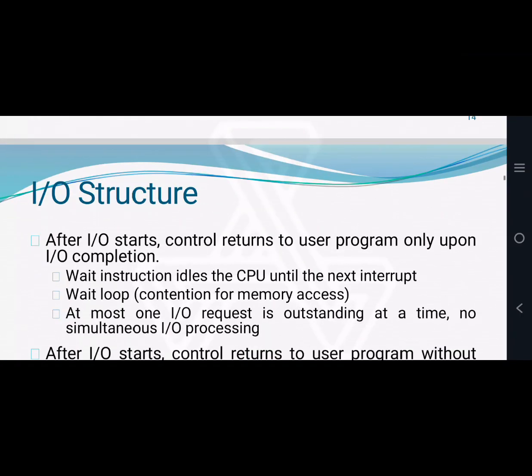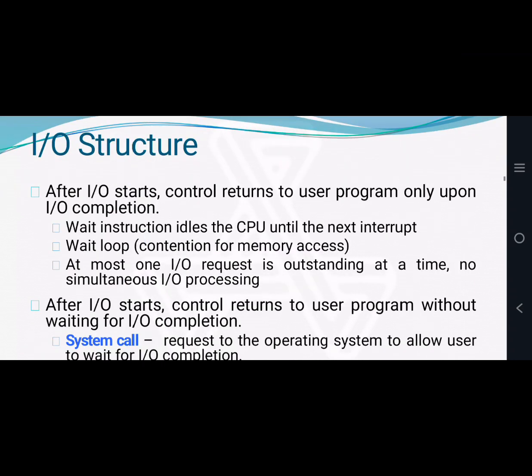I/O structure. After I/O starts, control returns to the user program only upon I/O completion. A wait instruction idles the CPU until the next interrupt. Wait loop: contention for memory access.